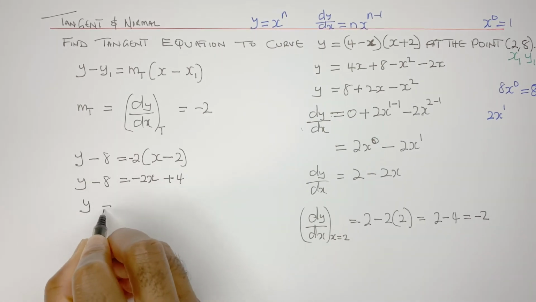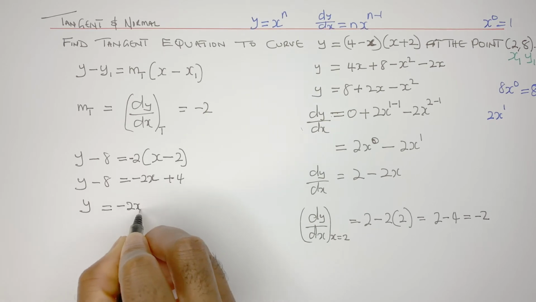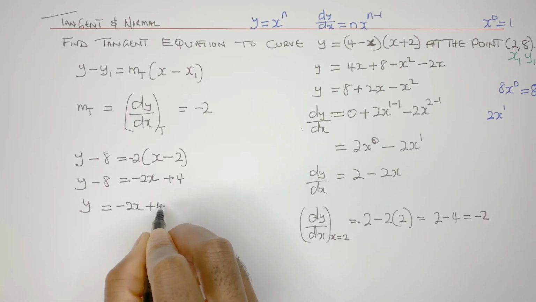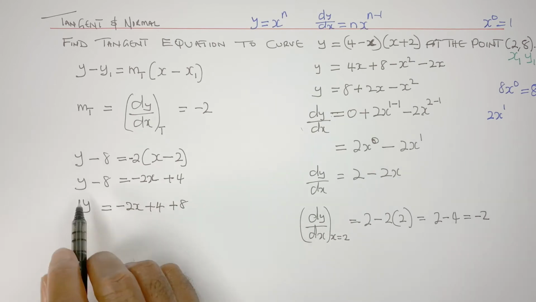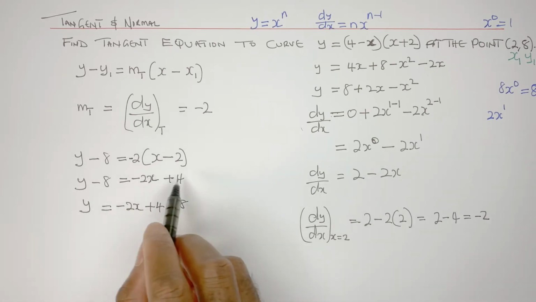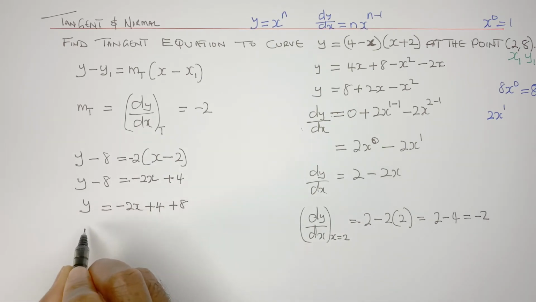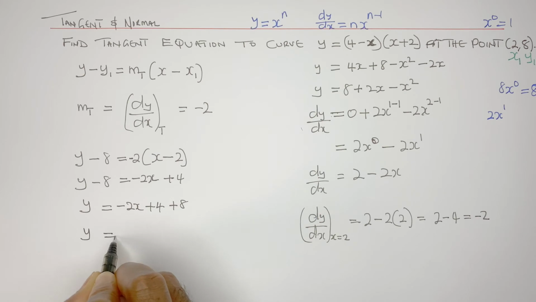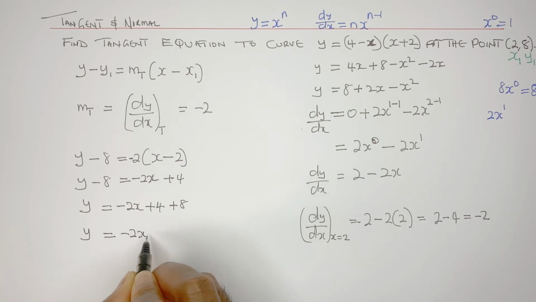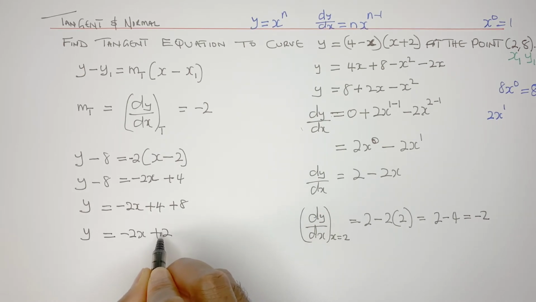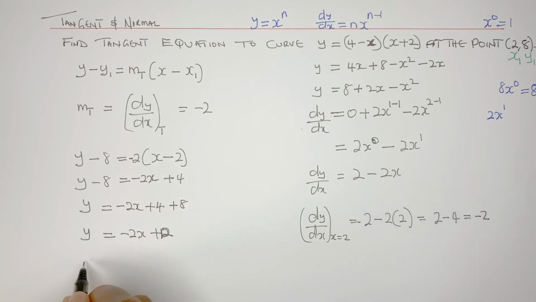Therefore, y equals minus 2x plus 4 plus 8. Adding 8 to both sides, or moving minus 8 to the right, the sign will change to plus. So therefore, y equals minus 2x plus 12. So the equation of the tangent is y equals minus 2x plus 12.